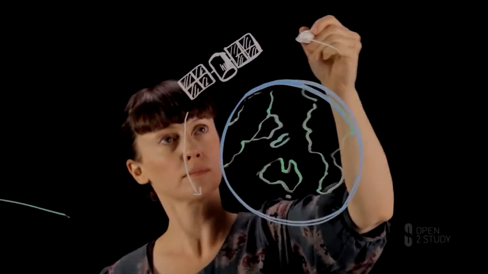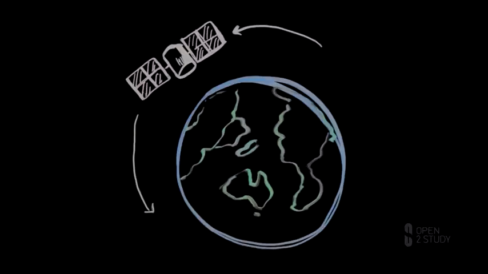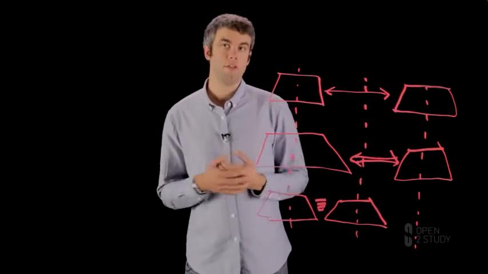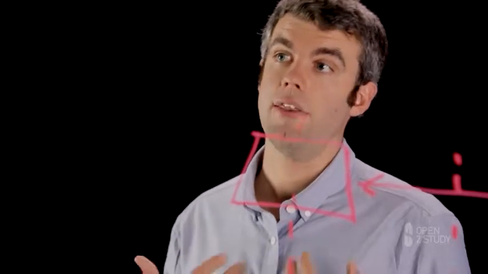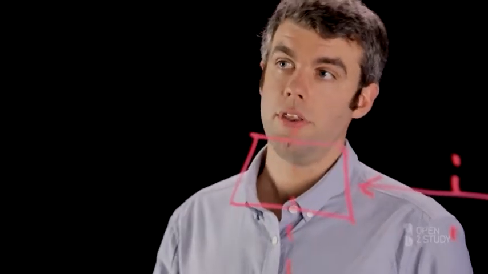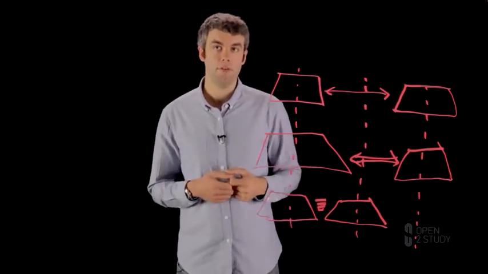Well, the fact that it's always being pulled towards a central point is what makes it move around and complete the circle. So the movement of the Earth around the Sun, the movement of the Moon around the Earth, the movement of satellites like the International Space Station around the Earth can all be described with exactly the same simple theory which just says that every mass in the universe is pulling on every other mass in the universe.